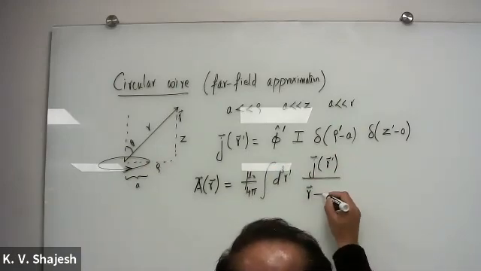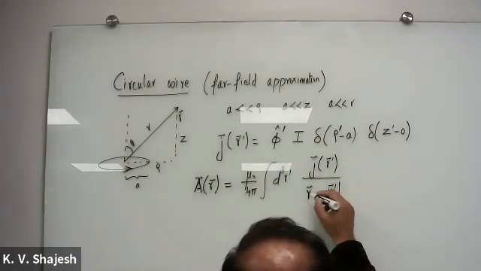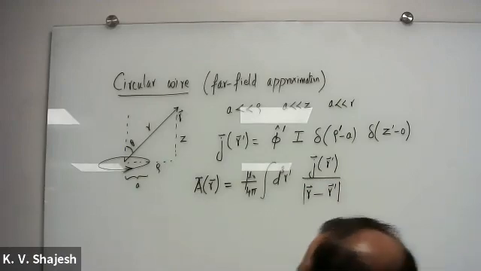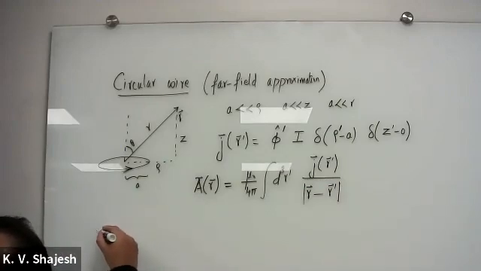How much contribution each point gives is decided by how far the observation point is from the current source at a certain point r prime.